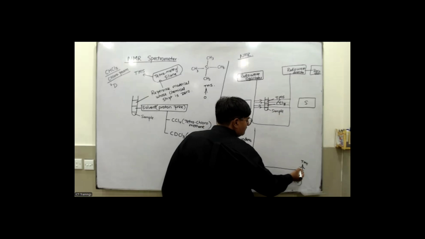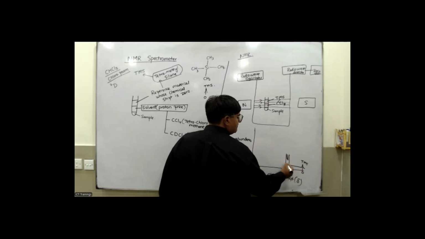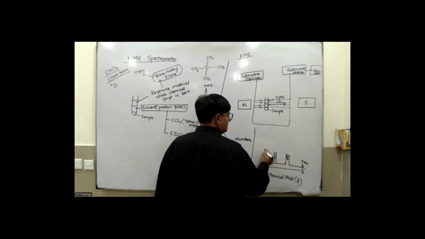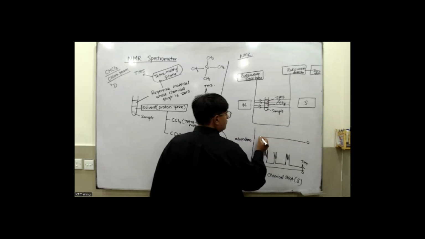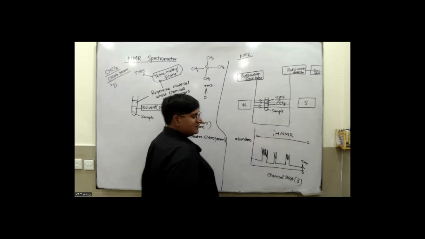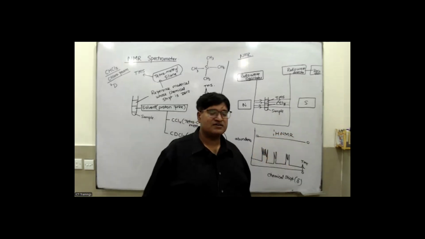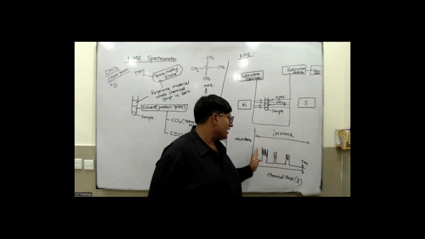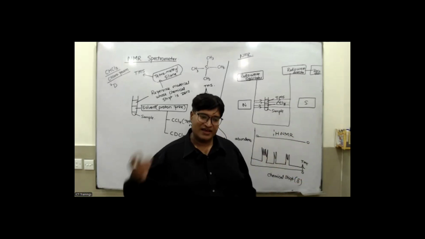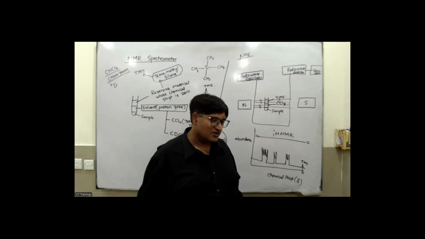Now whatever the sample we got, it formed a triplet, a quadruplet like that. So 0 to 12 is the hydrogen NMR range. So these are the different peaks formed. Now, by using these peaks, we can find out the structure of the organic molecule. Did you get it, guys?